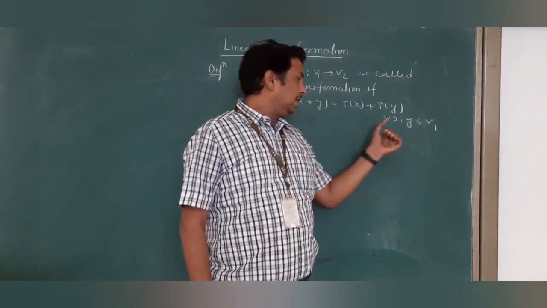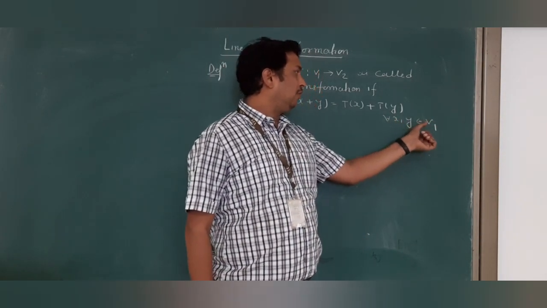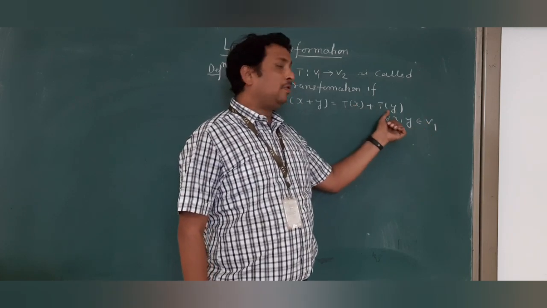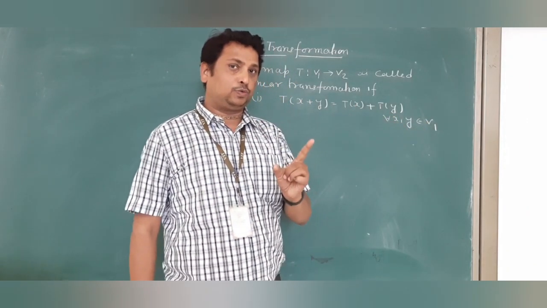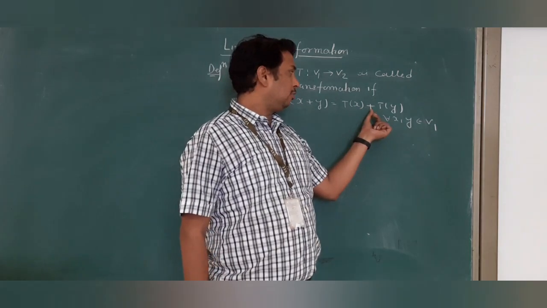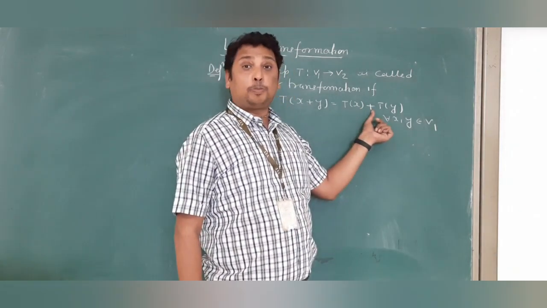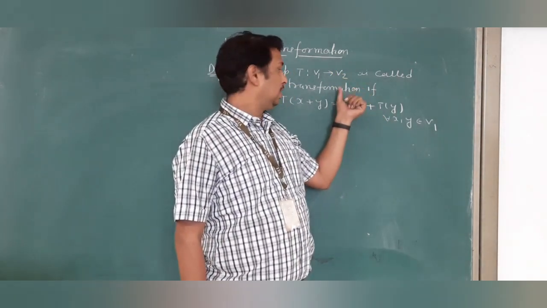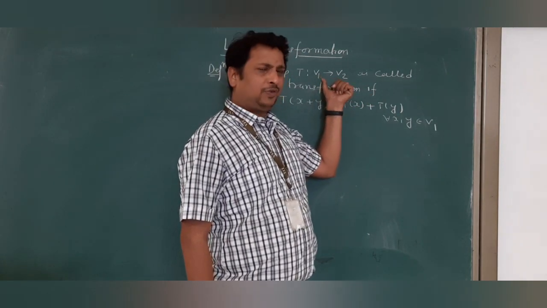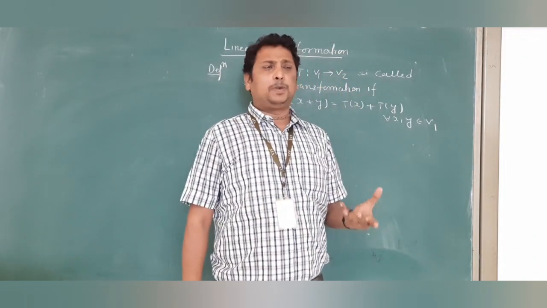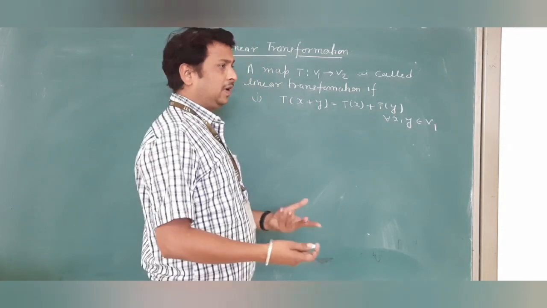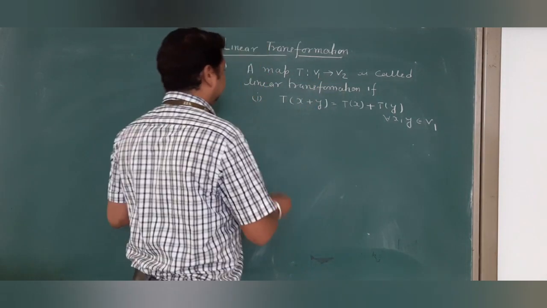We know if x and y belong to V1, then Tx and Ty belong to V2. And this plus is the operation for V2, and this plus is the operation for V1. Actually it is the same, but sometimes it will differ based on the vector space.